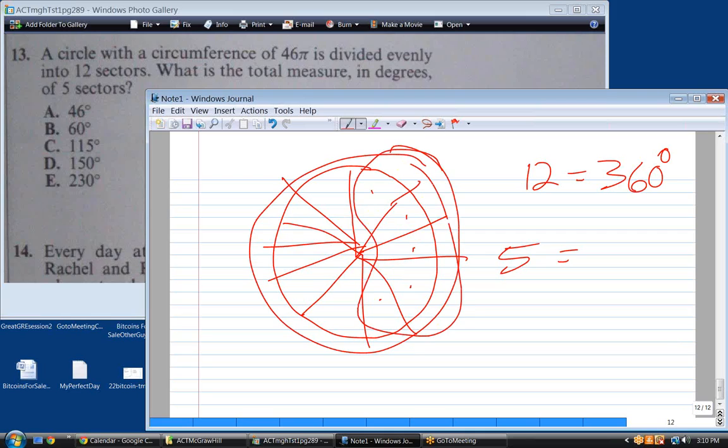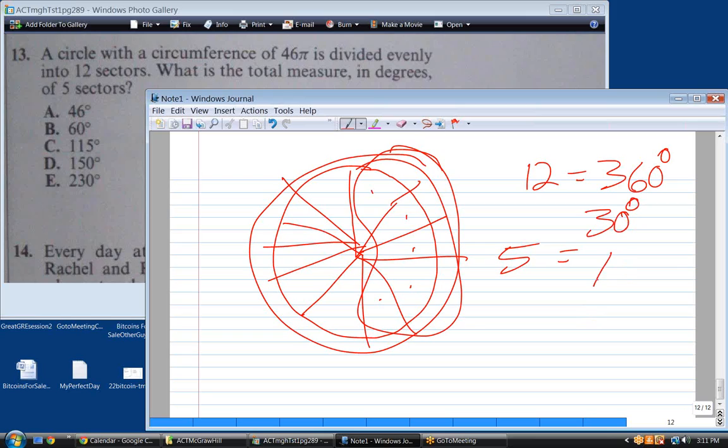So we're doing which part of the circle? What ratio of the circle are we taking? 5 twelfths. Right. In other words, we have 12 equal sectors. We know that all 12 sectors add to 360, so each sector is 30 degrees.